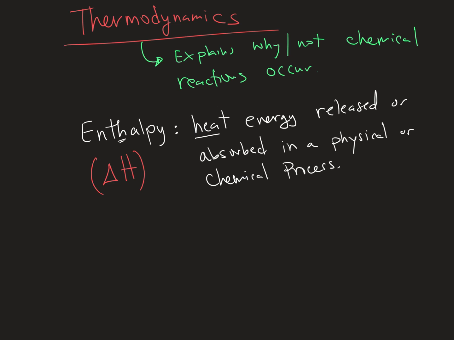When delta H is negative, so if we lose energy, a release of energy, this is called exothermic. Exothermic means a release of heat.